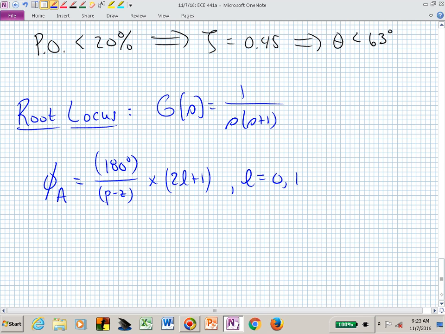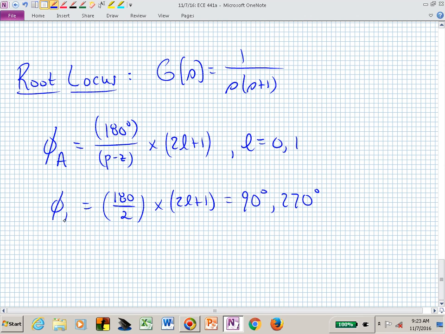So we have l equal to 0 and 1 for our angles. This is now 180 degrees over 2, or 90. Our angles now of our asymptotes are at plus and minus 90 degrees.